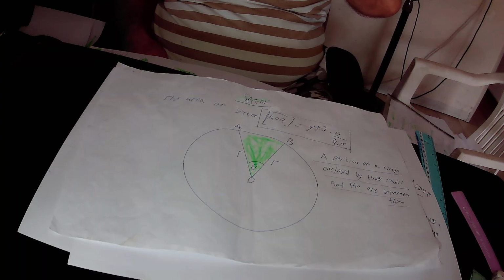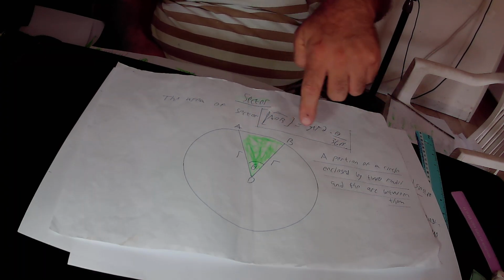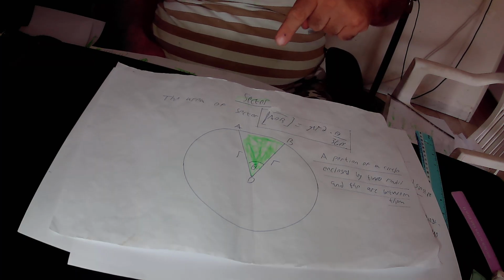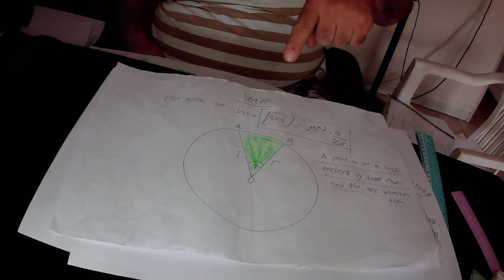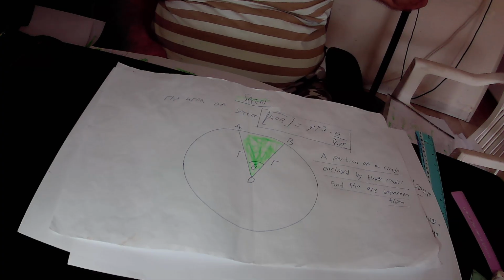Repeat again, a sector is a portion of a circle enclosed by two radii and the arc between them, and the area of any sector equals pi r squared, the area of the circle that contains the sector, times theta over 360 degrees.